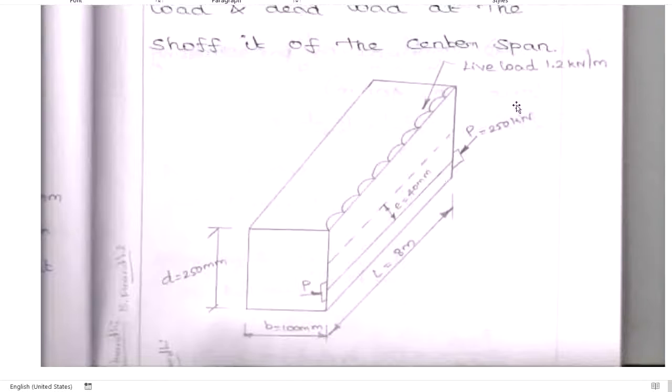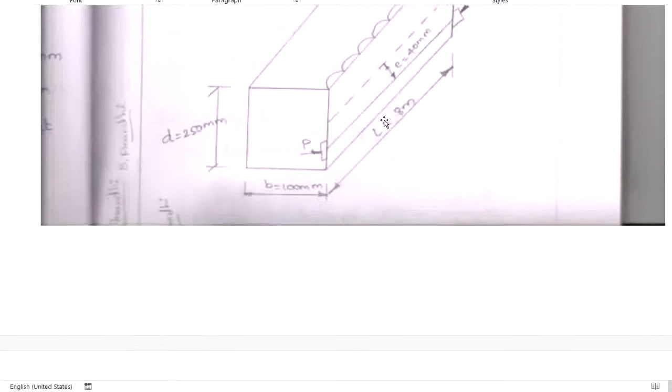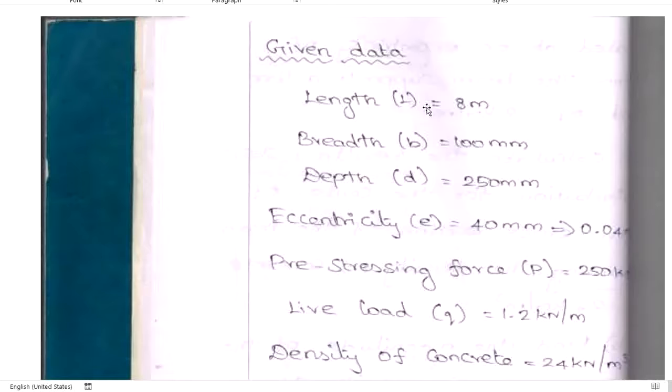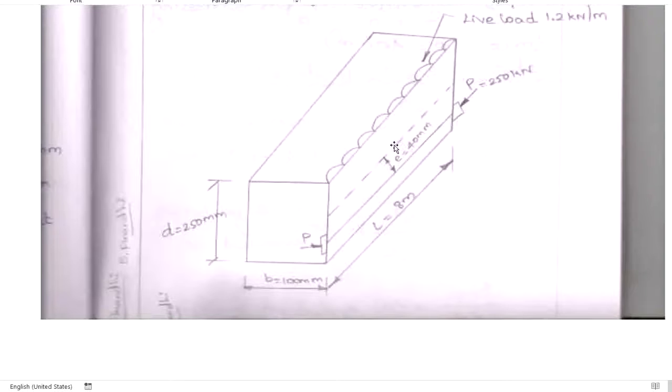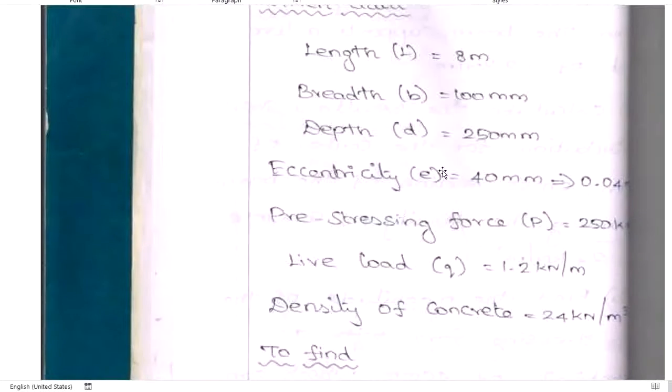Now the total live load applied is 1.2 kilonewton per meter. So 1.2 kilonewton per meter is the live load applied. Now what I have to find out: given length, breadth, depth, eccentricity is 40 mm. So you can see eccentricity is 40 mm from the centroid. So at an eccentricity of 40 mm we have applied the pre-stressing force and we have placed the tendon.